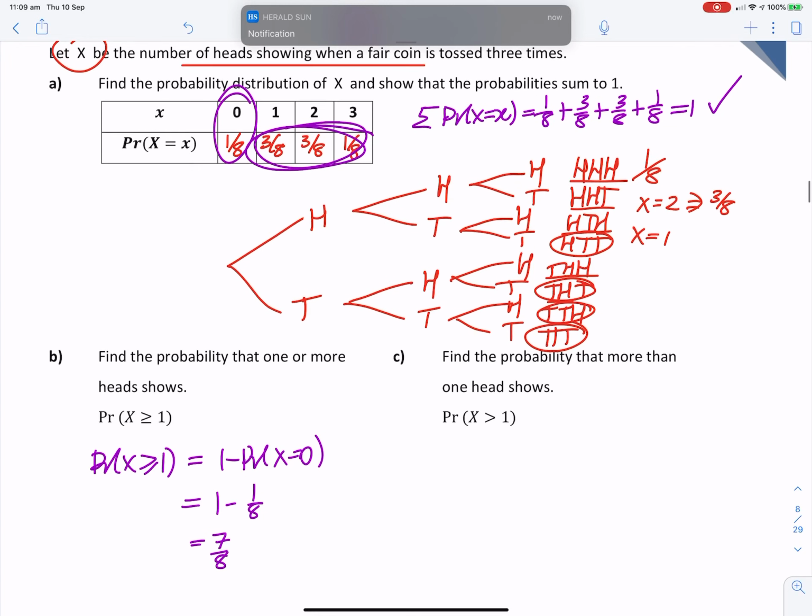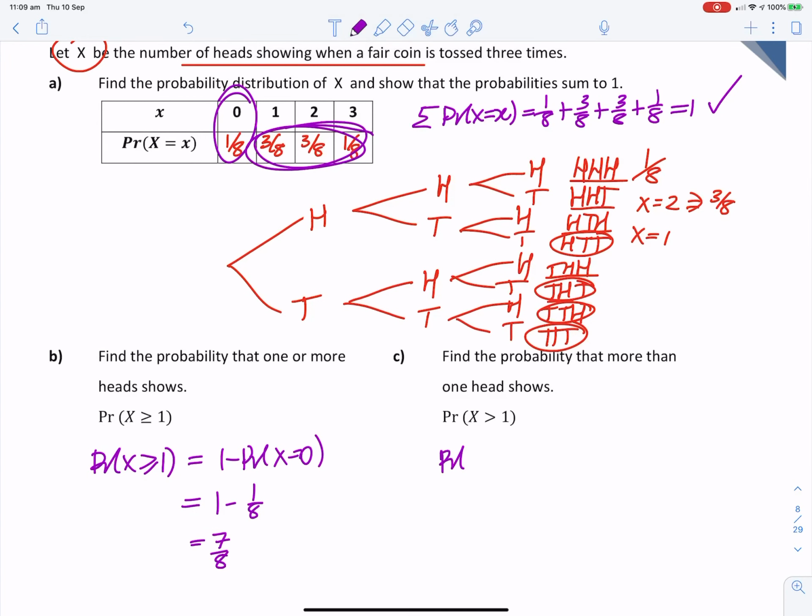The probability that more than one head shows, well, that's the probability that x equals 2 plus the probability that x equals 3, which is 3/8 plus 1/8, which is 4/8, which is a half.